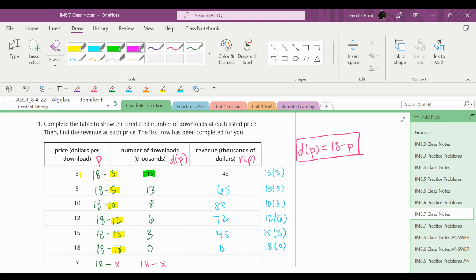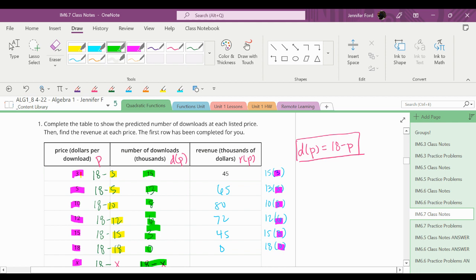And I'll use pink for this. So I'm doing this number times this number. Well, you know what I mean.